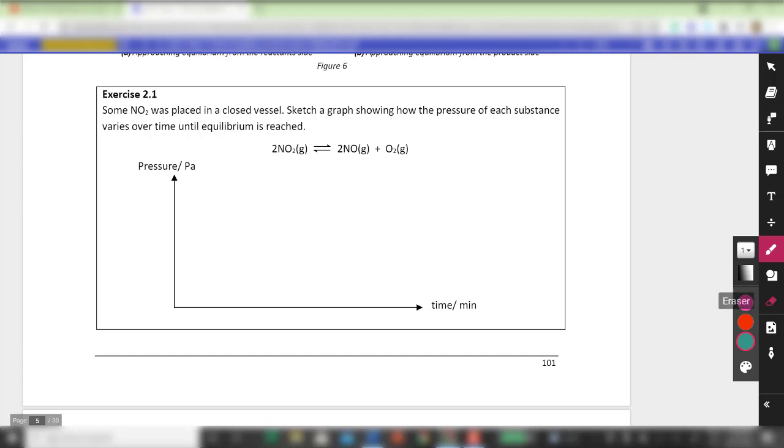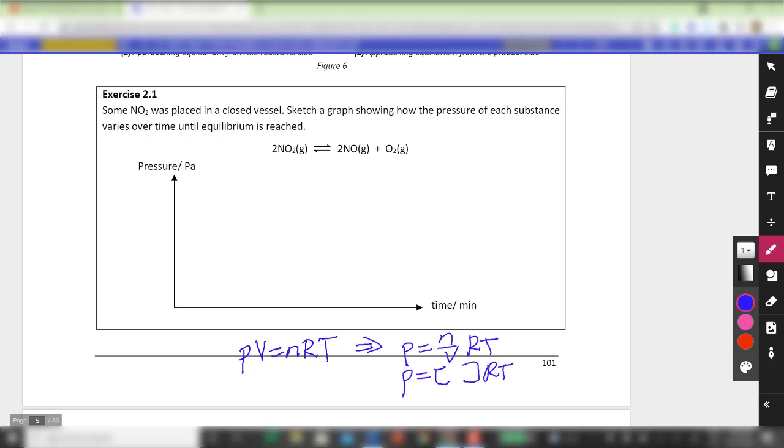if you recall the ideal gas equation, which is PV = nRT, and I just shift V over to the other side, I end up with P = (n/V)RT, and n/V happens to be the concentration term.